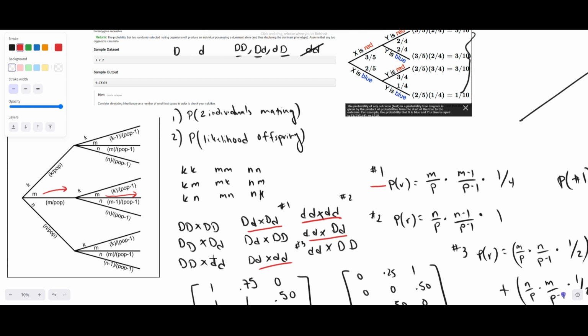So this case, m over p, which is the population, n minus 1, since we already drew a sample from n and reduced the total size of the population, and then we would need to multiply the probability of an offspring having a homozygous recessive.